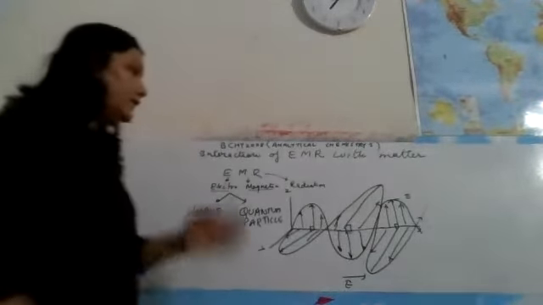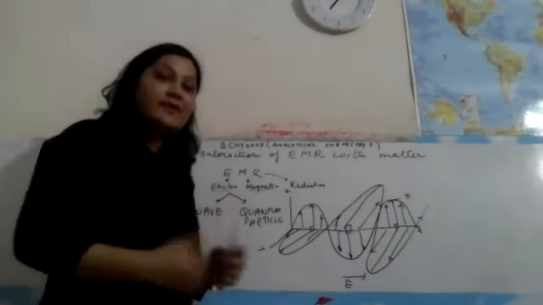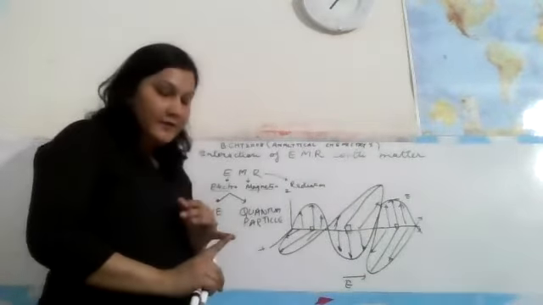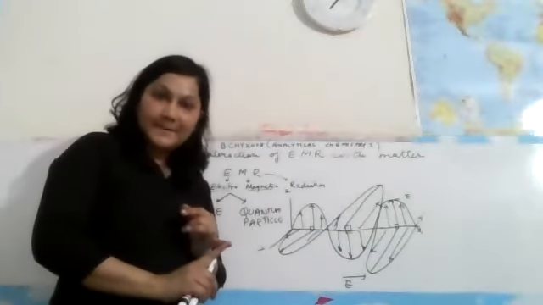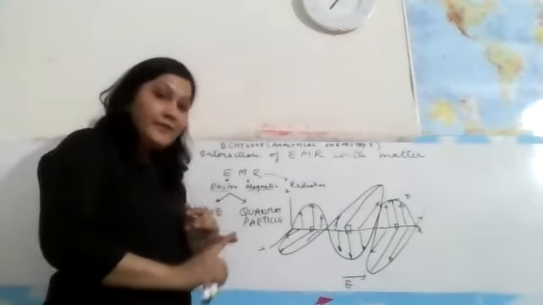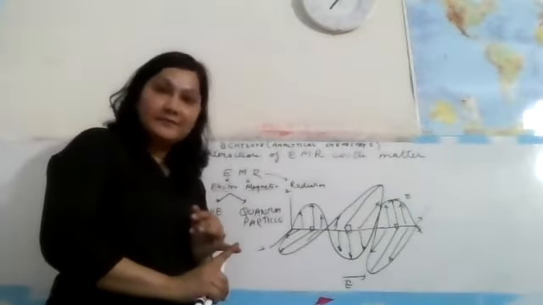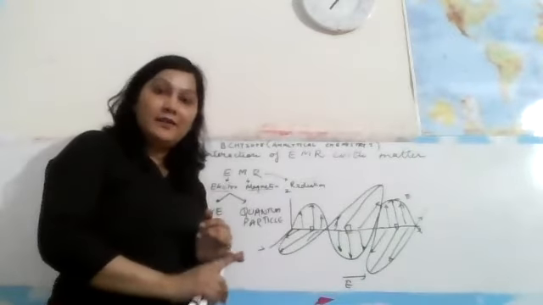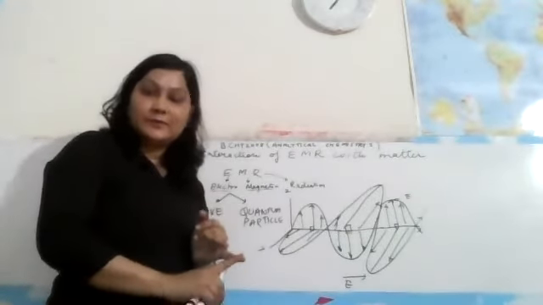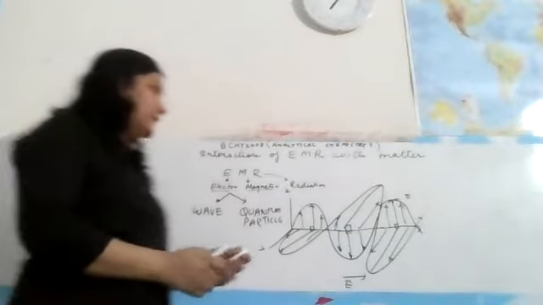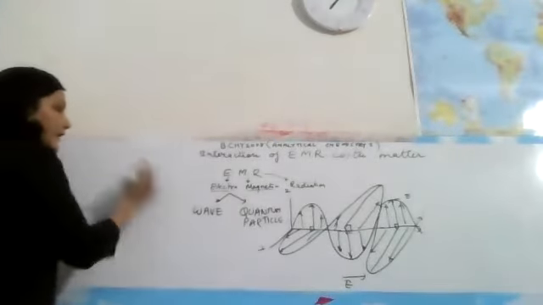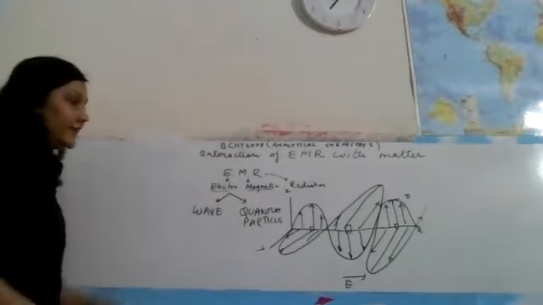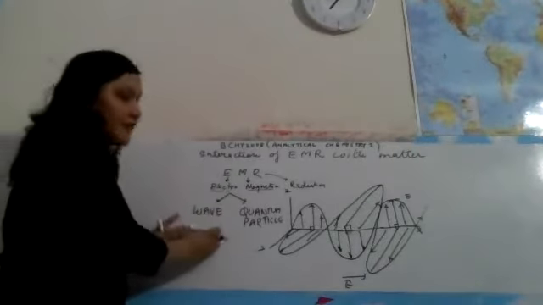First tell me the properties that are associated with any waves. You must know waves have energy, wavelength, frequency, wave number, and amplitude. We will discuss all these properties one by one. If electromagnetic radiation has such properties, we can say that EMR has wave properties.